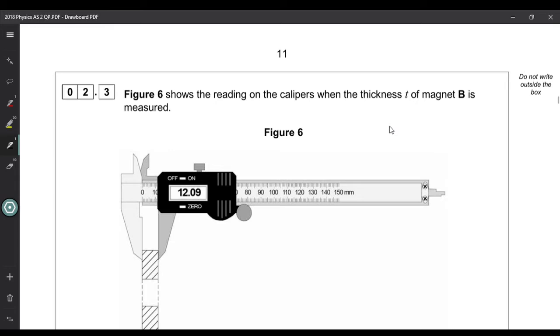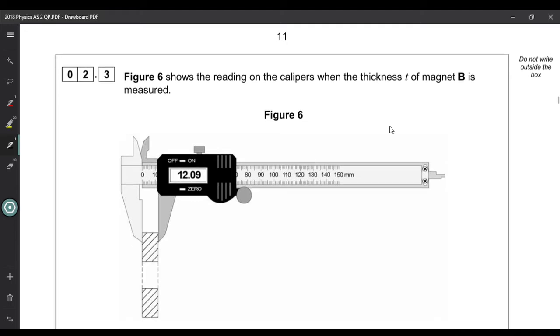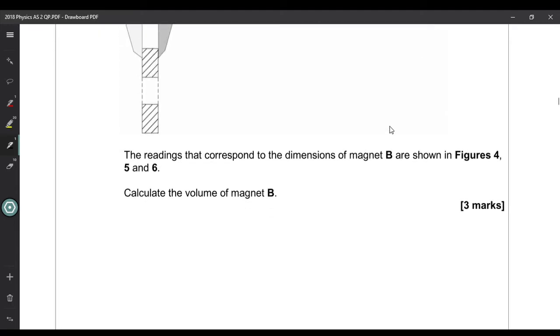Okay, figure 6 shows the reading on the calipers when the thickness T of the magnet is measured. Use the readings that correspond to the dimensions of the magnet B as shown in figures 4, 5 and 6 and calculate the volume of magnet B. So because it's a disk, we know that the volume of a disk is its area times its thickness.